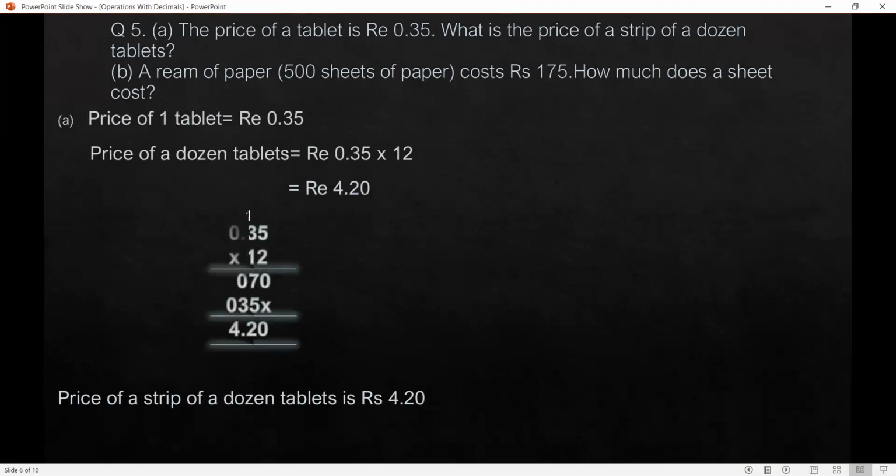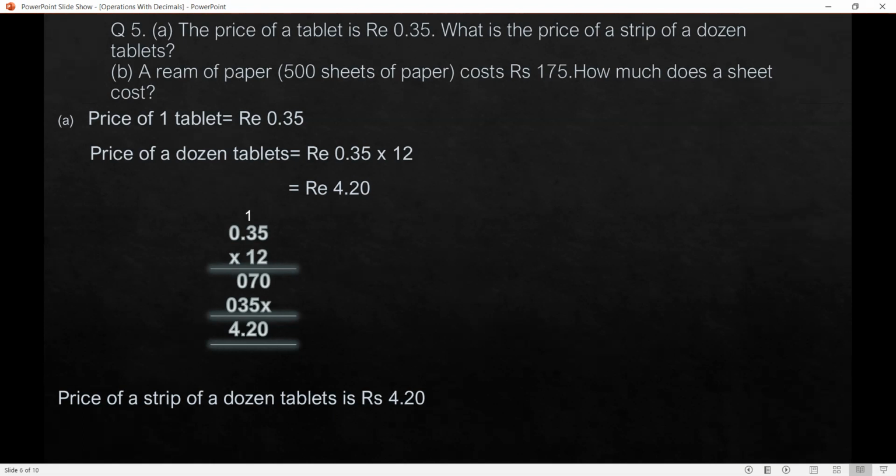So the given is the price of one tablet is rupees 0.35. The price of a dozen tablets equals rupees 0.35 multiplied by 12, because there are 12 things in a dozen. When we multiply both, we will get 4.20. So the price of a strip of a dozen tablets is rupees 4.20.